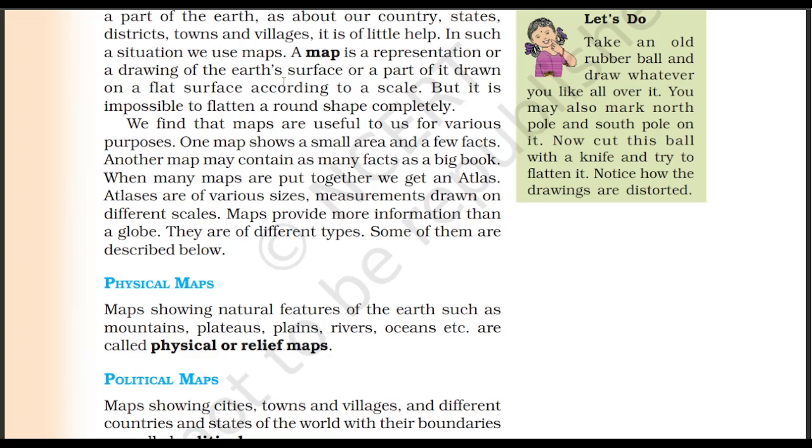If you are seeing any map, you have to be conscious that if a map is directionally correct, then the real shape and size are distorted.